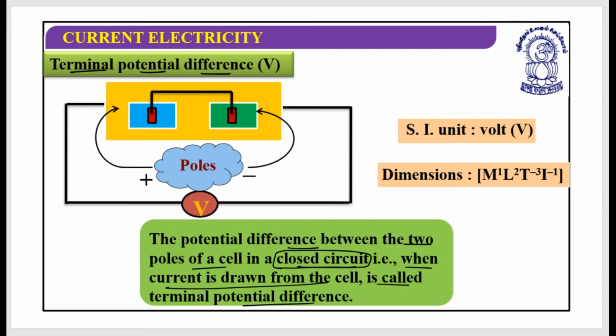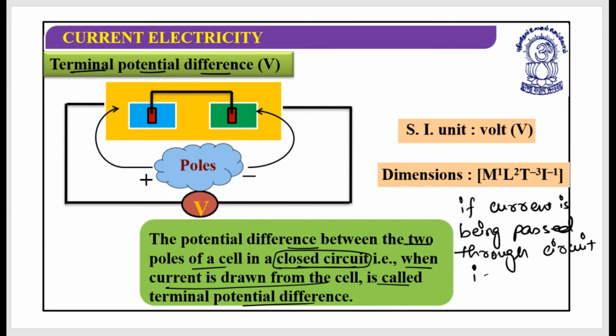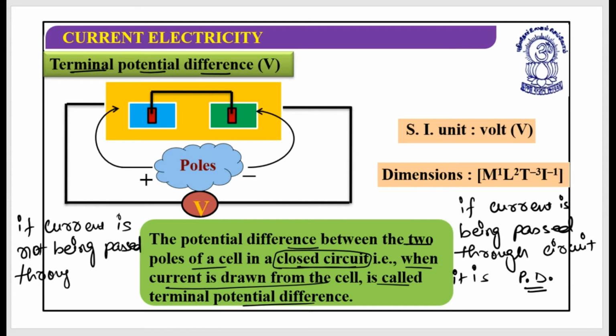So the very important difference is, if current is being passed through the circuit, it is the potential difference or terminal potential difference, and if current is not being passed through the circuit, then it is EMF.